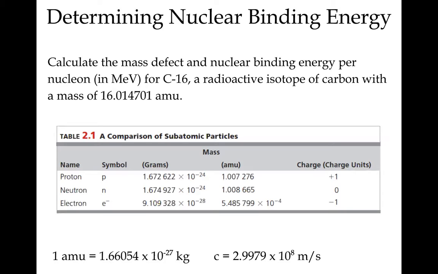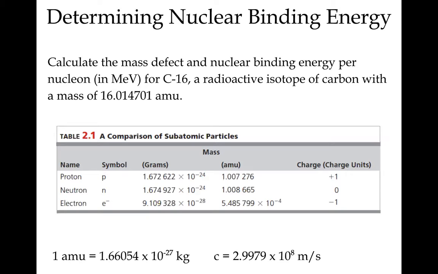Okay, and then subtract from that 16.014701 AMU. That gives you the mass defect, and then convert the AMUs to mega electron volts.